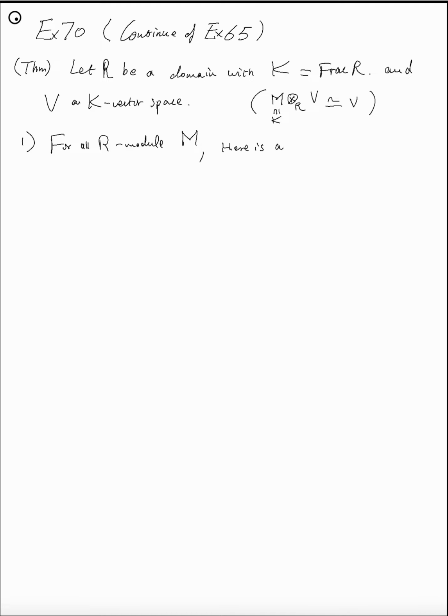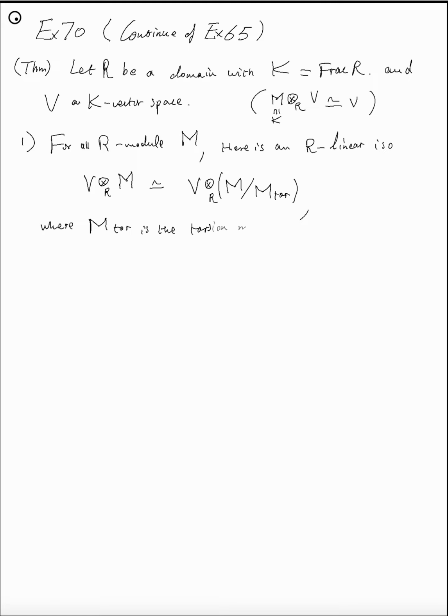There is an R linear isomorphism: V tensor M over R is isomorphic to V tensor M quotient by M tor over R, where M tor is the torsion submodule of M.